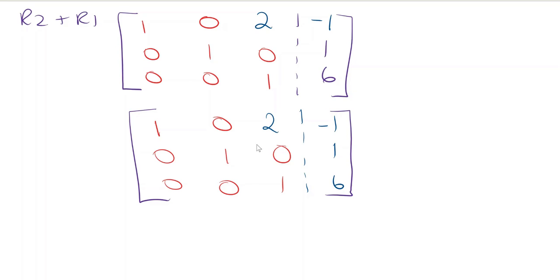If I do -2 times row 3, this will give me -2, and if I add it to row 1, this is going to be 0 plus 1 is still 1, -2 times 0 plus 0 is 0, -2 times 1 plus 2 becomes 0.